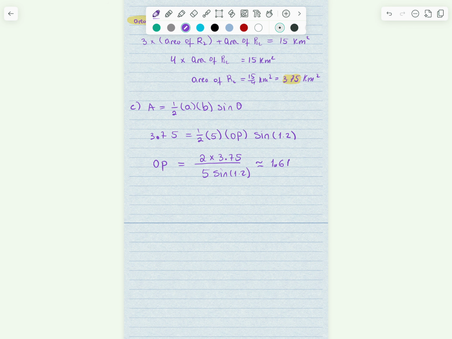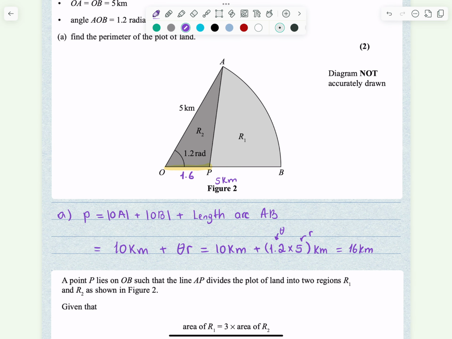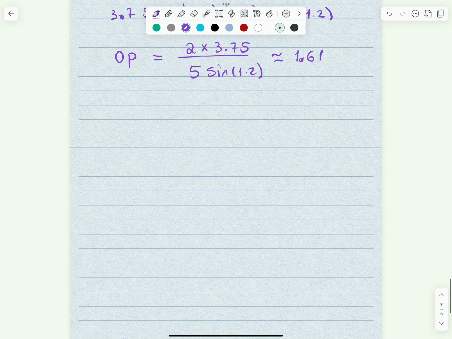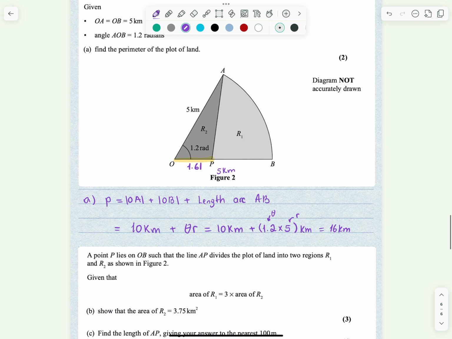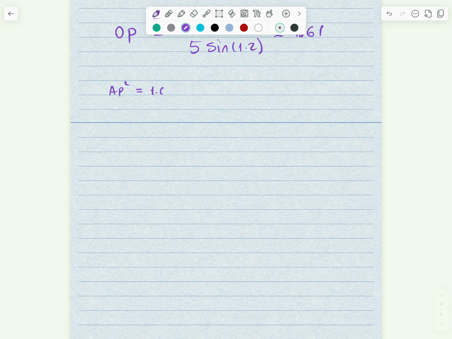Okay, if I go back to that shape, OP was 1.61. If I'm looking for AP, I can use the cosine law now. So AP squared is equal to 1.61 squared plus 5 squared minus 2 times 1.61 times 5 cosine of the angle in between, 1.2.